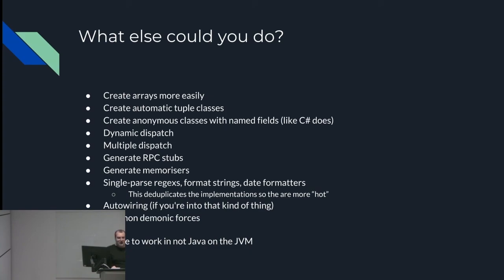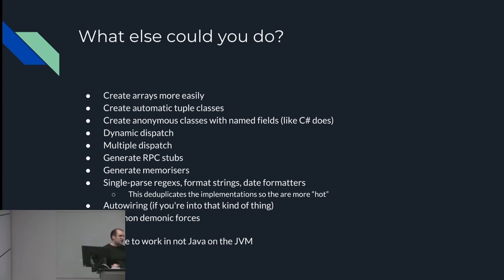You could do something like generate RPC stubs automatically and have it figure that out for you. If you wanted to create memoized functions, so cache the return value, because if the arguments are the same, the return value will be the same, you can have it generate that for you. When you do things like regular expressions or format strings, it has to reparse those every time you do that.